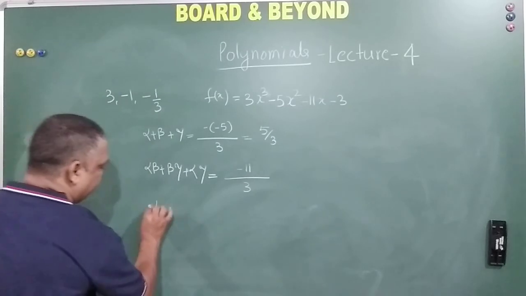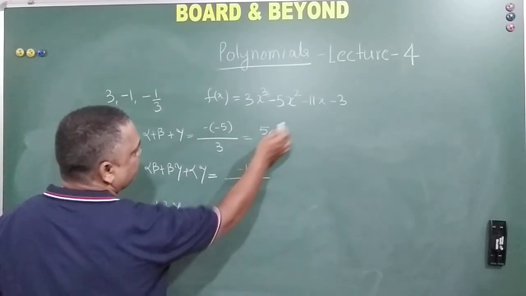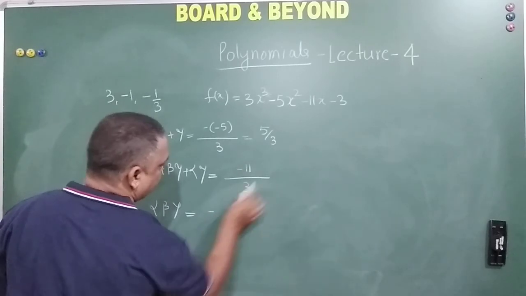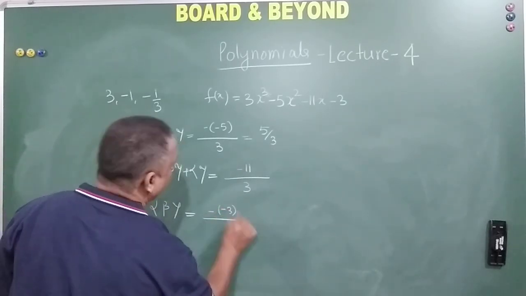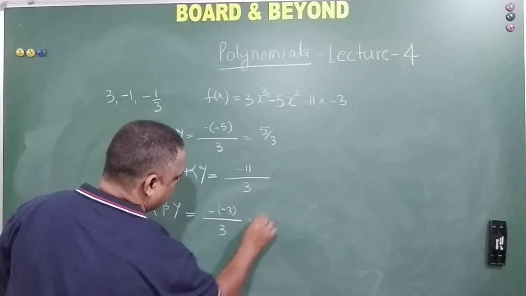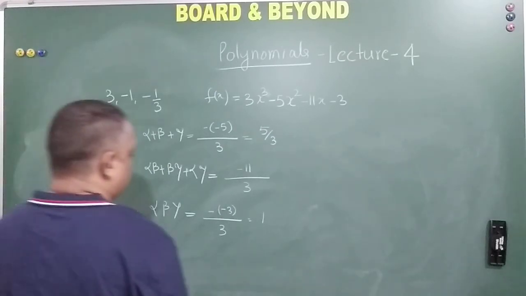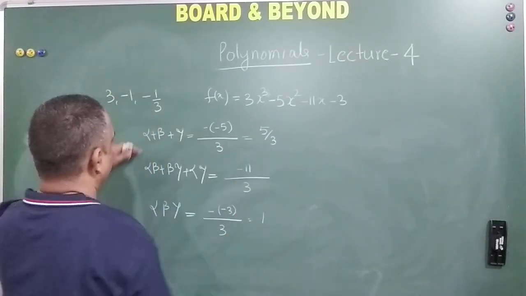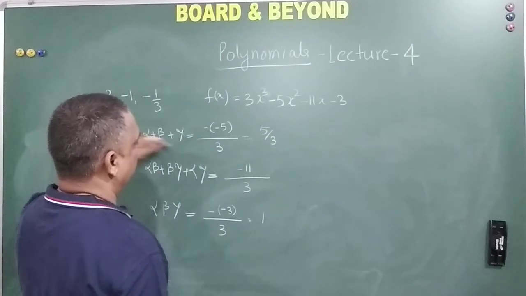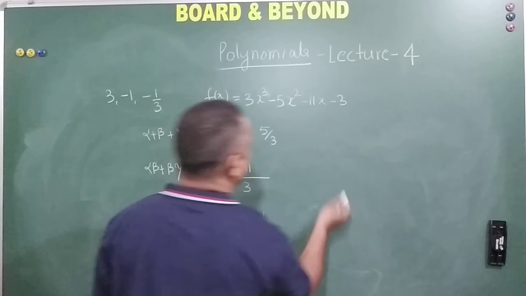Alpha into beta into gamma is nothing but minus of the constant term, that is minus of minus 3, divided by 3, that is equal to 1. Correct? So now using these three things, can we formulate the cubic polynomial? Yes, we can.